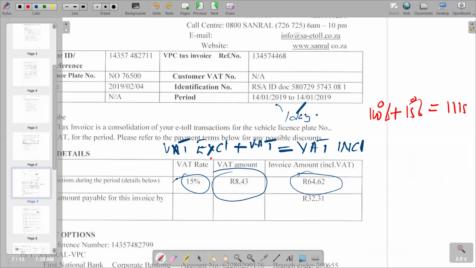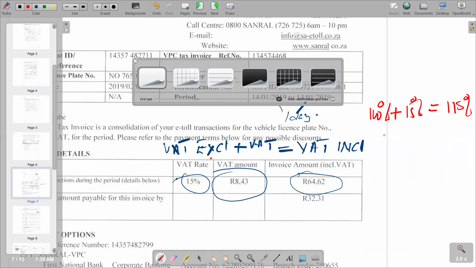So to get the VAT exclusive, we are now saying a simple proportion. If you check, we have got the amount that we have there. It's going to be 115 is equivalent to 64 rand 62 cents. So the figure that we are looking for is 100. So obviously, 100 becomes a question mark.